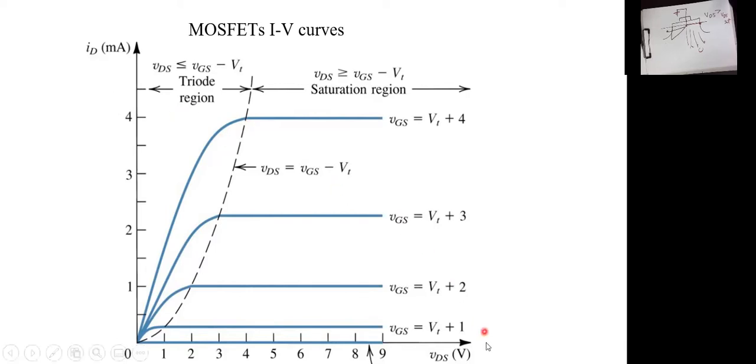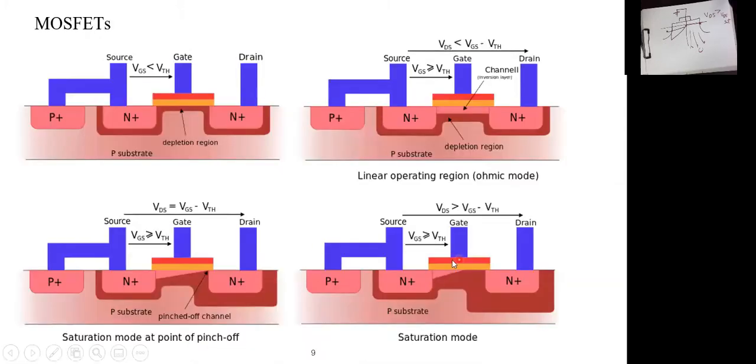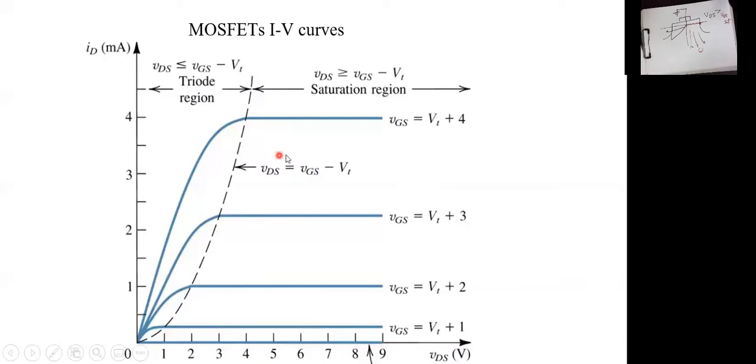This is I and this is V, so the slope is I over V and the resistance is V over I. So whenever you have a horizontal line, that means that you have an infinite resistance, which is the resistance due to this depletion region that occurs whenever VDS is greater than VDS SAT, or due to the pinch-off point shifted towards the source. So this is how the IV curve looks like.